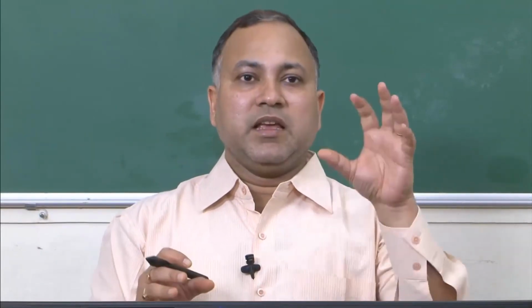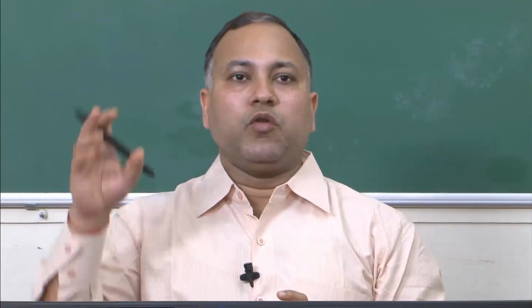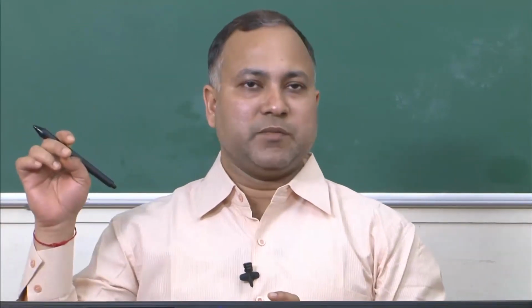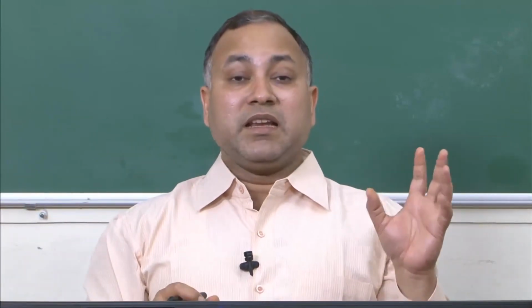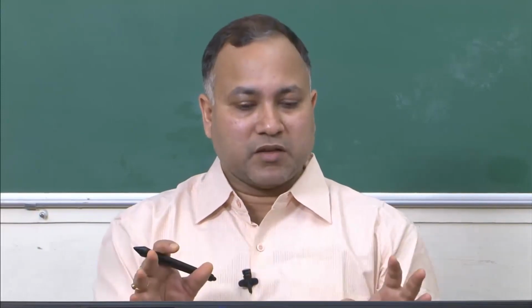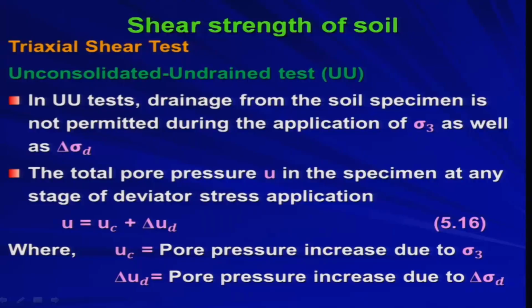In case of the CU test, that is the consolidated undrained test, you allow drainage when you applied sigma 3, but you did not allow drainage when you shear it with the help of delta sigma d, that is deviatoric stress, right. But in case of the UU test, in no situation, in no step, are you allowing drainage. So drainage from the soil specimen is not permitted during the application of sigma 3, that is in the first step, as well as delta sigma d, that is happening in the second step.